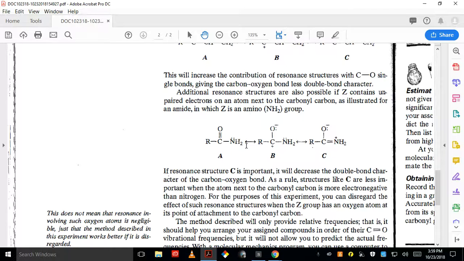In this case, it's what's called an amide, and the amide has an N group here. If you put something on there like an oxygen, it really doesn't do much at the point of attachment. You can disregard the effect of the resonance structures. If it turns out above nitrogen, it really doesn't have much of an effect.